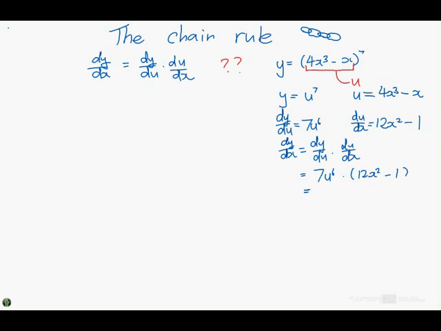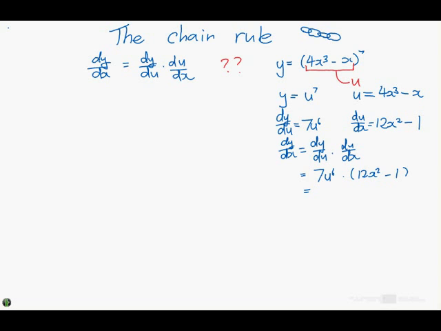Now you can't leave your answer like that because you're looking for dy dx, derivative of y with respect to x. So x should be your only variable inside, no u's. So what do you do to get rid of this u? You convert your u into x's. You can say, oh, u equals 4x cubed minus x, right here.